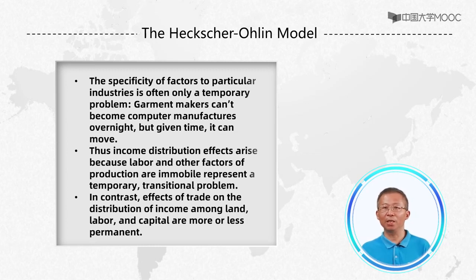Thus, in the specific factors model, income distribution effects arise because labor and other factors of production are immobile, which is a temporary transitional problem. In contrast, the effects of trade on the distribution of income among land, labor, and capital are more or less permanent.